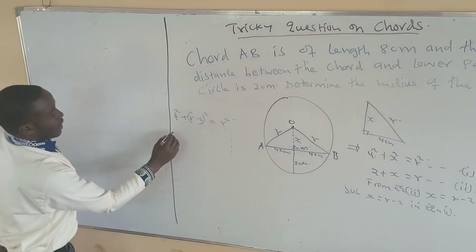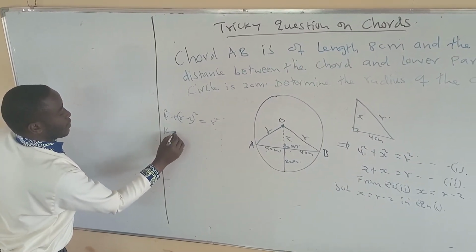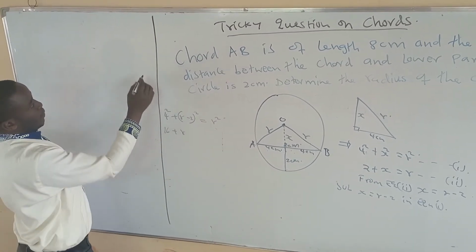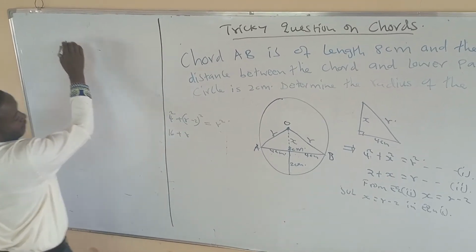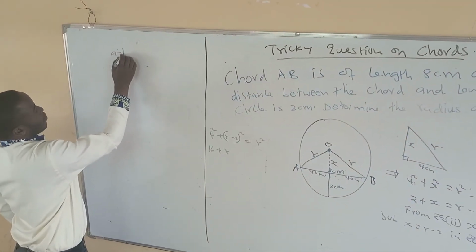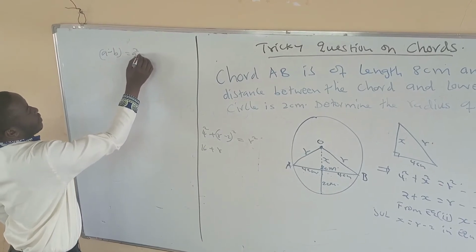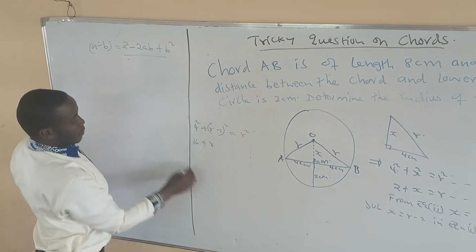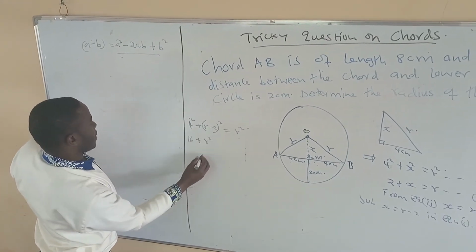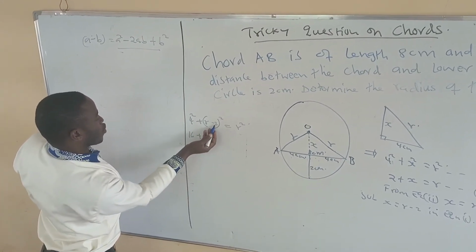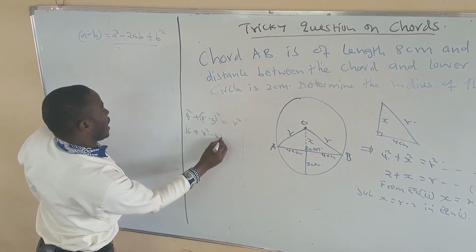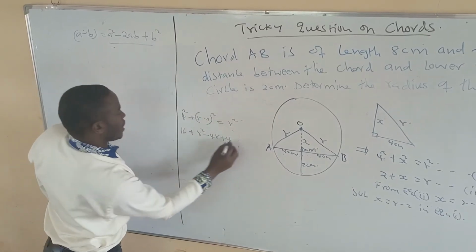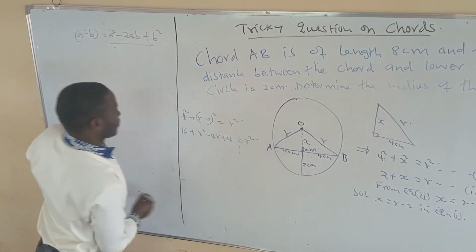So we shall be having here 16 plus, if you expand this, use the principle that a minus b squared equals a squared minus 2ab plus b squared. So I will be having r squared minus, that is 2 times r times 2, it is 4r, then plus 4, that is this squared, equals r squared.